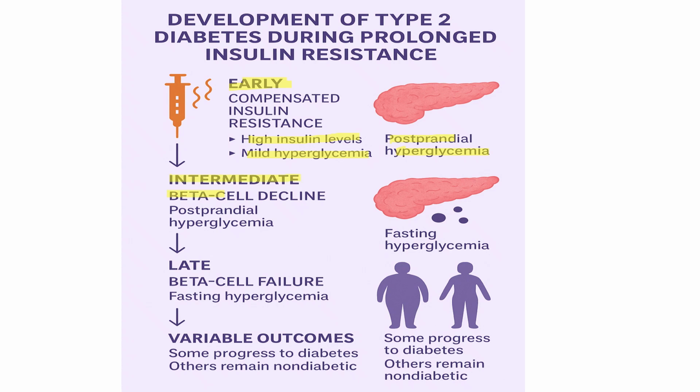Then there is decline in the beta cells, that is the intermediate stage, and there is postprandial hyperglycemia, and later the beta cell failure results in fasting hyperglycemia. So the variable outcome is there due to resilience of beta cells. Some do not develop the disease, while some progress to diabetes mellitus.